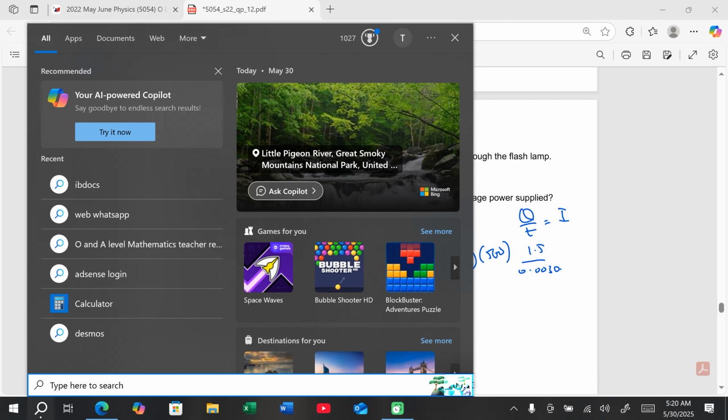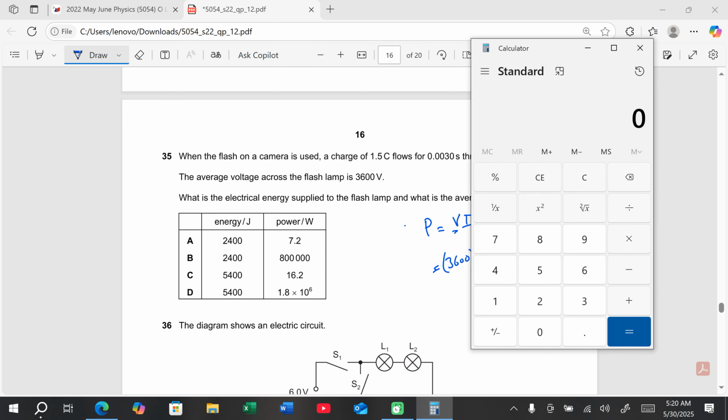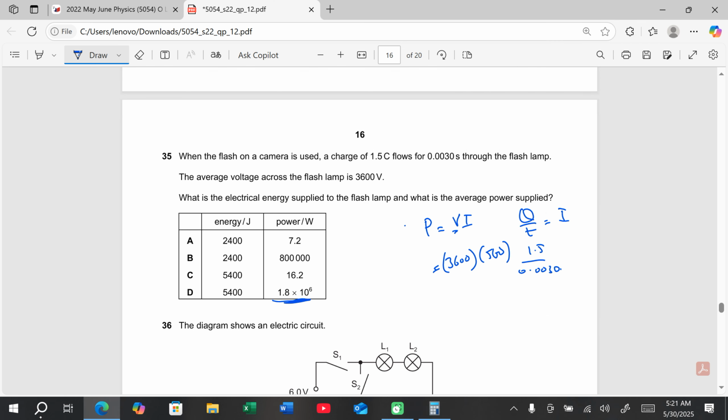I need to open it again. So it is 3600 multiplied by 500, so that is this. Since we don't need to calculate energy because there is only one answer of power here, if you want to calculate the energy, it is equal to PT. So you are going to multiply this power by this time.